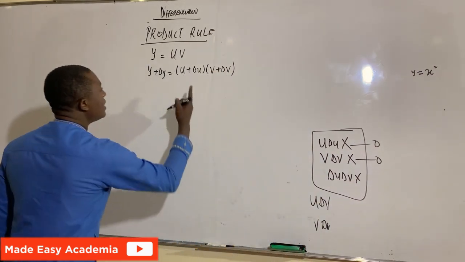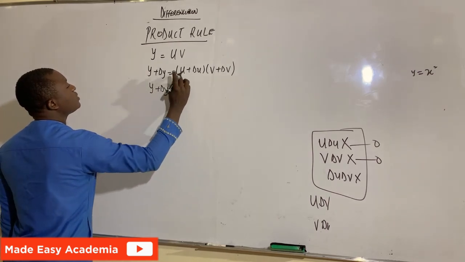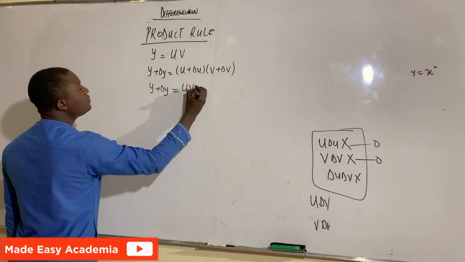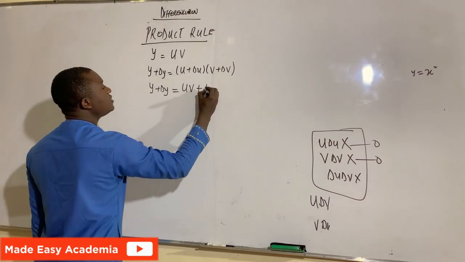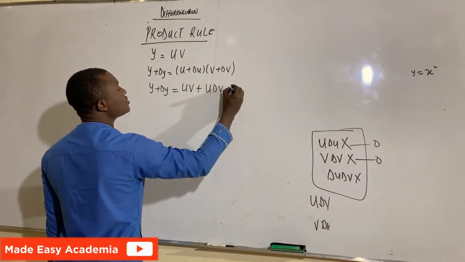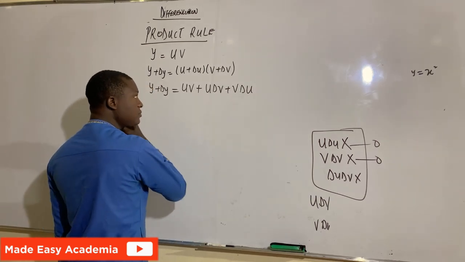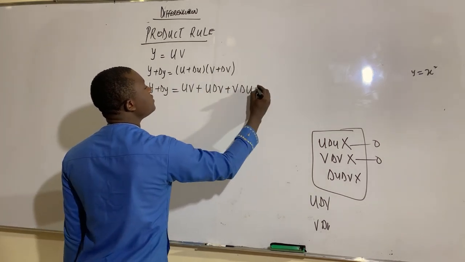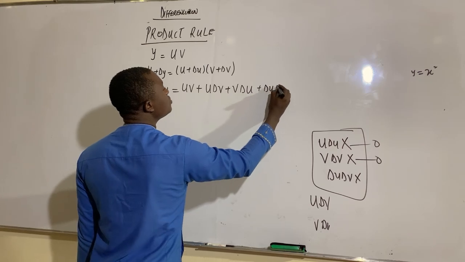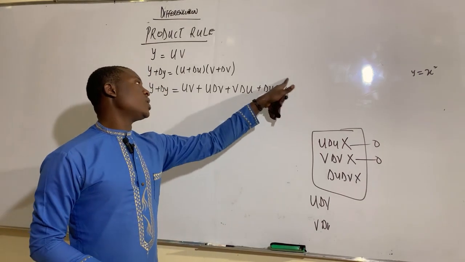Now let's expand this one. We have y plus change in y is equal to u times v, so we have uv. U times change in v, so we have u change in v. Change in u times v, of course, we are going to have v change in u. Then change in u times change in v, we are going to have change in u change in v. I told you earlier, there's nothing like this, so I can remove this one.